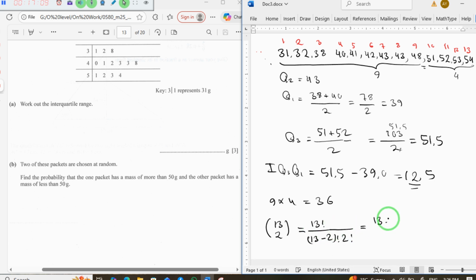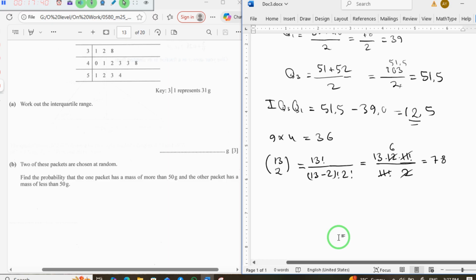Then we can write 13 multiplied by 12 multiplied by 11 factorial over 11 factorial times 2. Then we simplify: 6 times 2 is 12, 6 multiplied by 13 is 78.